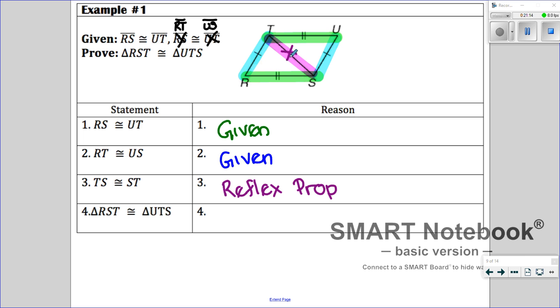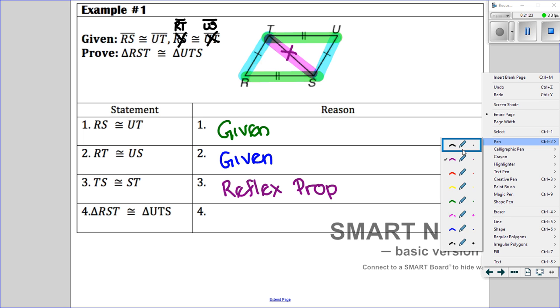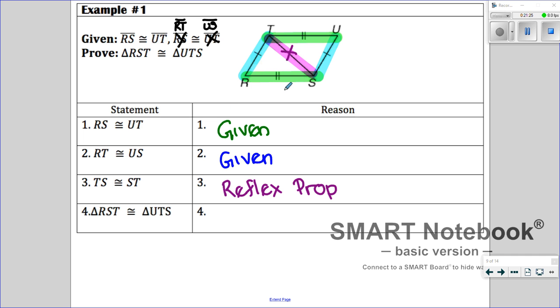So reflexive property, it's like if you're looking at yourself in the mirror, it's congruent. And now I can prove that this triangle is congruent because I have those three sides that I showed were congruent. So the reason is SSS postulate. Okay, so that's how you do this one.